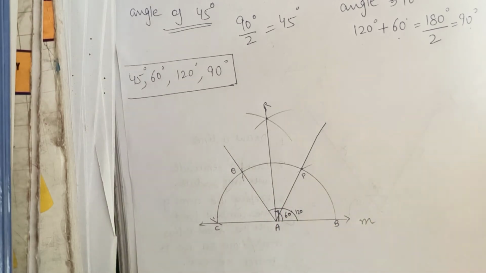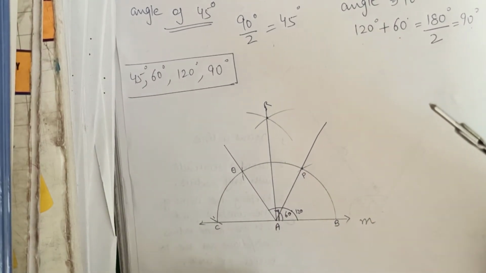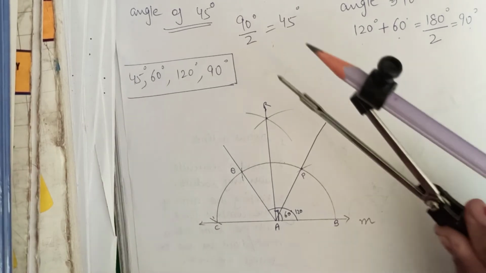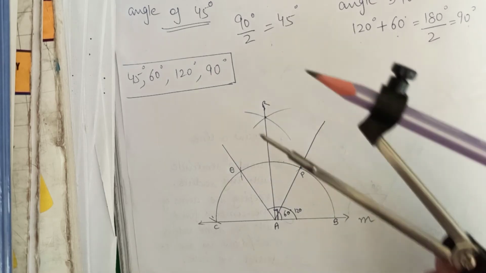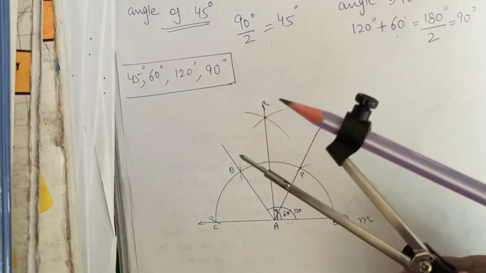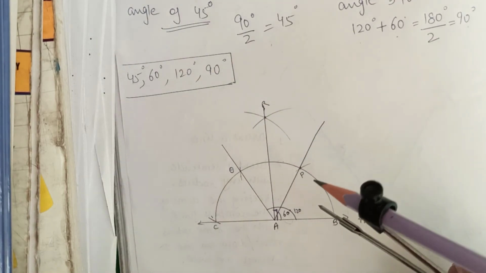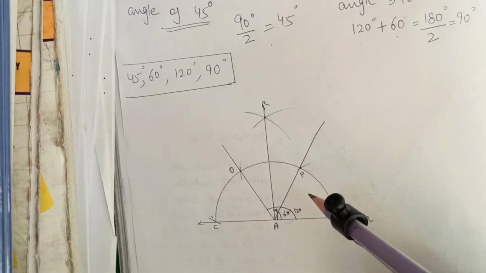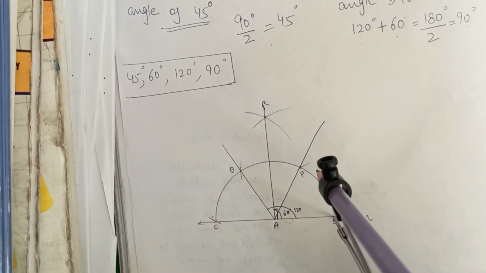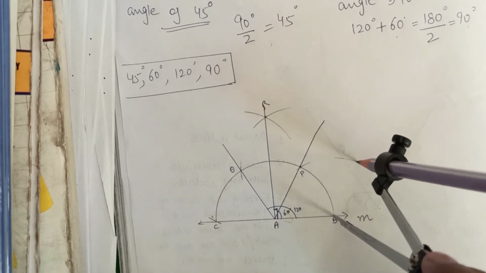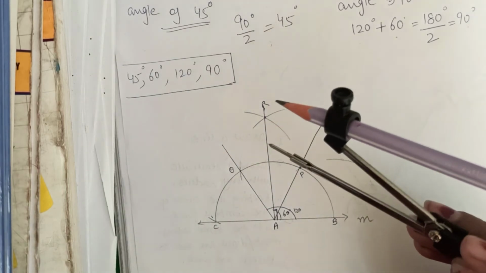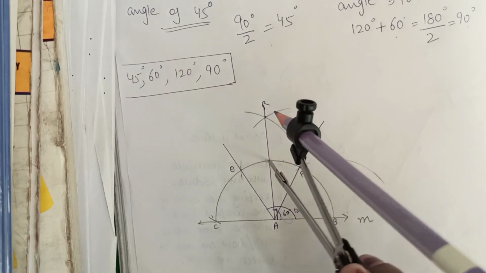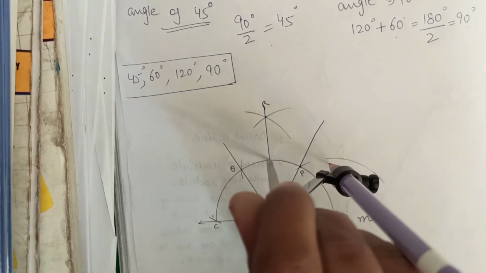Now we have to make the angle of 45 degree, and we know 45 is half of 90 degree. So, without disturbing the arms, I will mark one arc from B and one arc I will mark from this point.